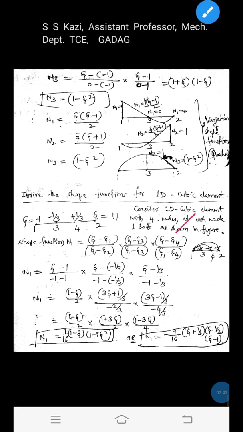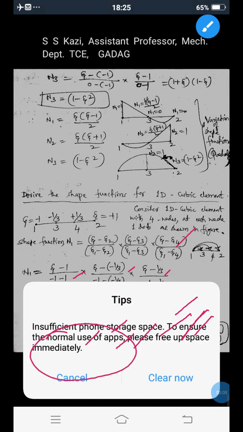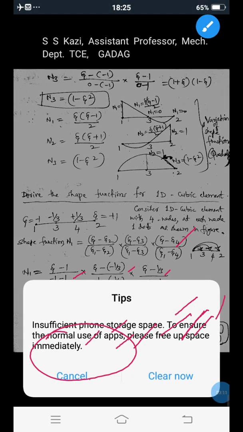After the simplification, we will get n1 as 1 by 16 into 1 minus zeta into 1 minus 9 zeta square, or in most textbooks it is given as -9 by 16 into zeta plus 1 by 3 into zeta minus 1 by 3.